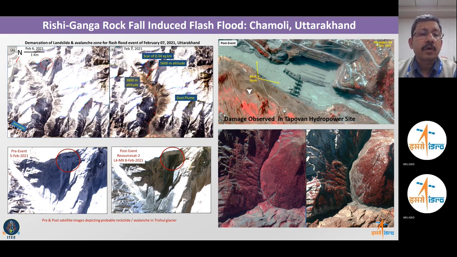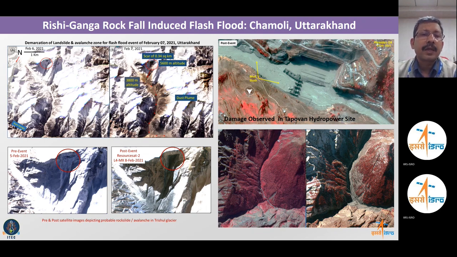That big chunk of rock fell down from the Ronti Glacier and basically fell in the Rishiganga Valley, around 2 kilometers down.